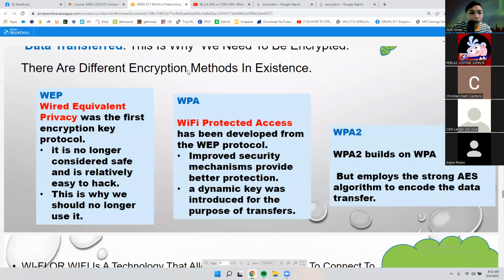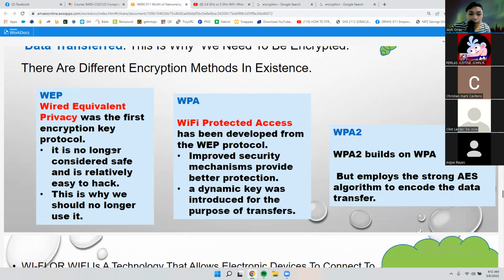So meron tayong different encryption methods. Number 1, WEP. Yan yung Wired Equivalent Privacy. It is the first encryption key protocol. It's no longer considered safe kasi madali na siyang i-hack. Usually, WPA2 na yung pinakabago natin na encryption method. So doon muna tayo sa WPA, Wi-Fi Protected Access.